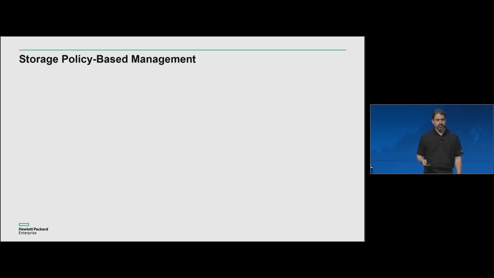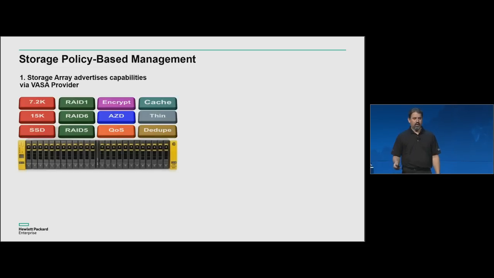Storage policy-based management is the layer that brings it all together. If you're familiar with the 1.0 version, the array did this with VASA 1, but it was very crude and rudimentary. We passed a whole string of capabilities over, which wasn't very usable.